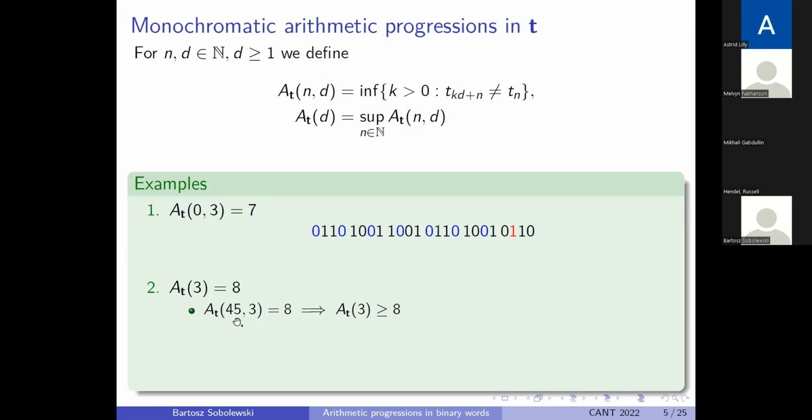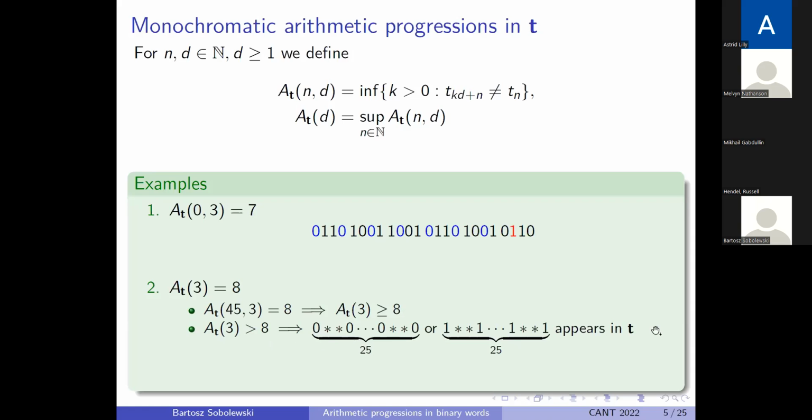So, for example, we can observe that starting at 35, we indeed obtain a monochromatic progression of length 8. So A_T(3) is at least equal to 8, and we would like to prove the opposite inequality. And to do this, well, we can assume for the sake of contradiction that there exists a longer progression.